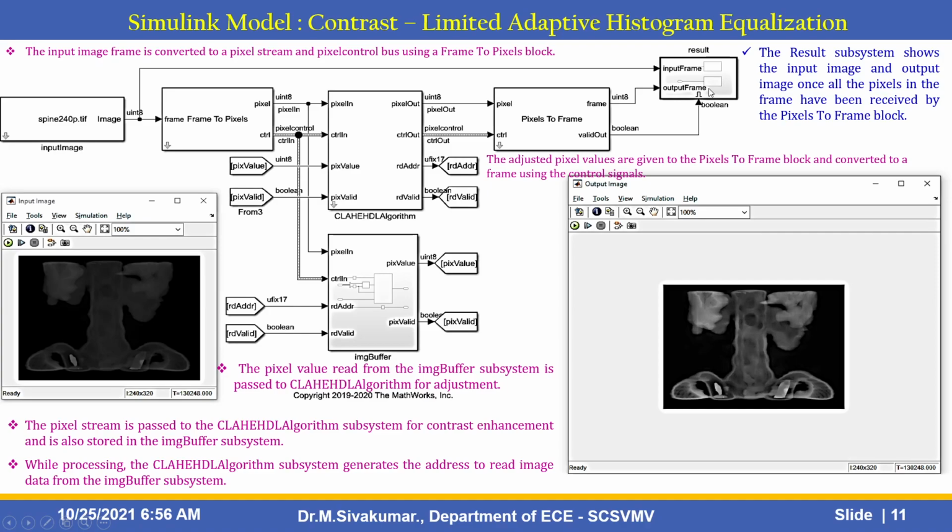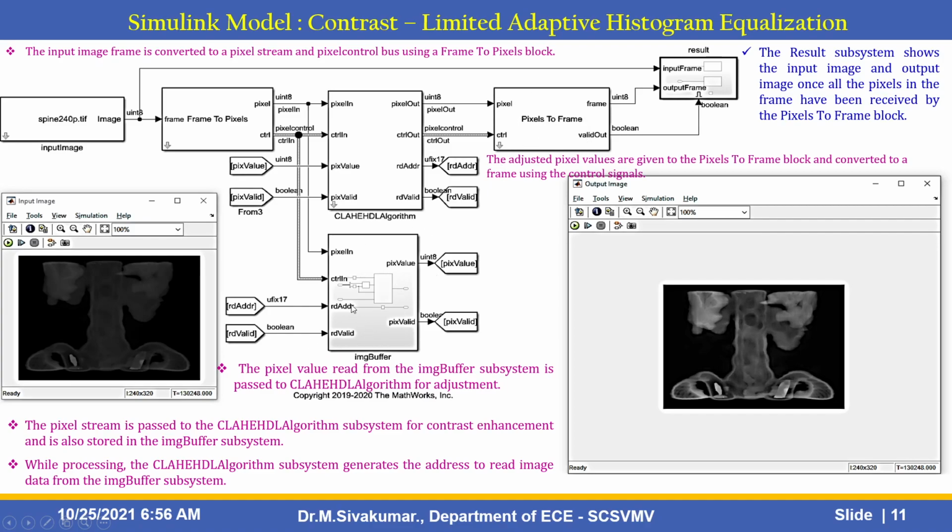It shows the input image and output image once all the pixels in the frame have been received by the pixel to frame block. Here the input frame is converted to a pixel stream and pixel control bus using the frame to pixel block. The adjusted pixel values are given to the pixel to frame block and converted into a frame using control signals.